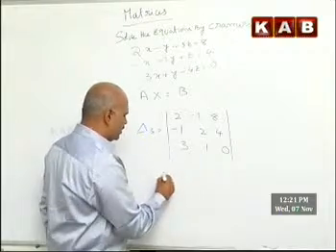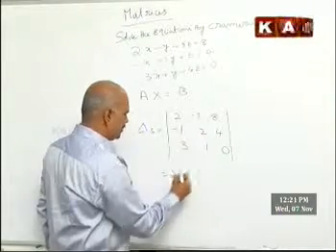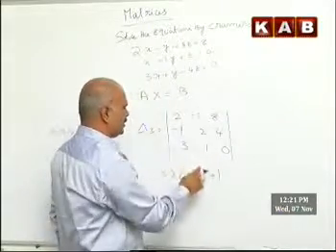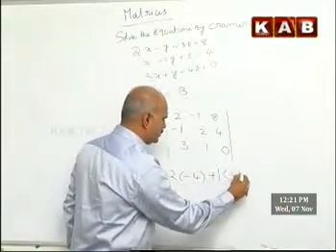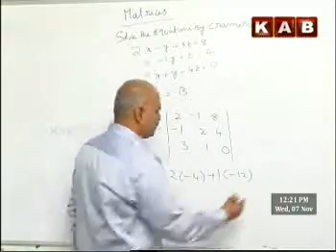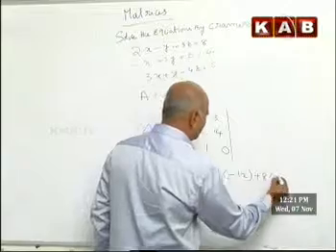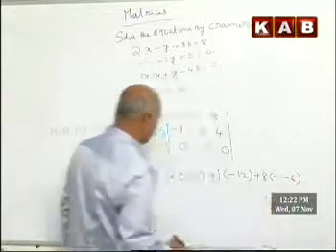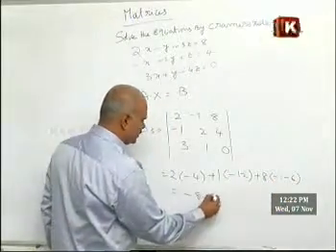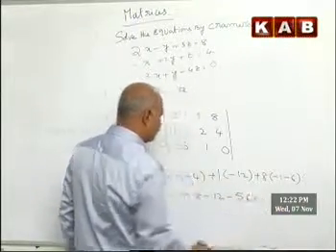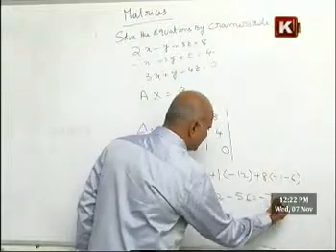This I may get like this, 2 into 0 minus 4, plus 1 into, eliminating this one, 0 minus 12, again plus 8 into, eliminating this one, minus 1 minus 6, so minus 8 minus 12 minus 56. So this also will become minus 76.